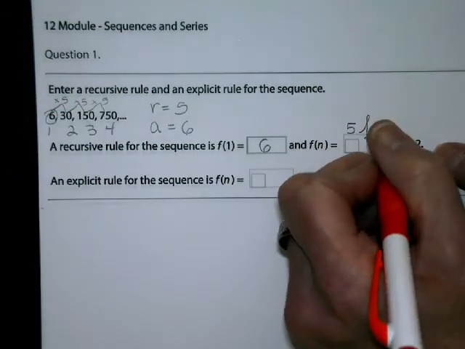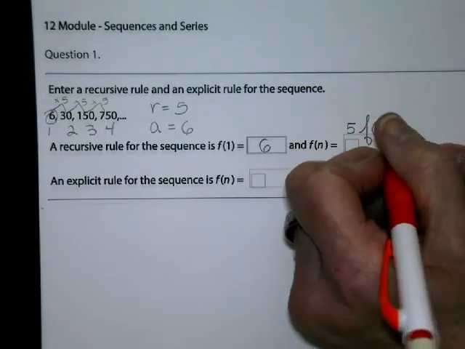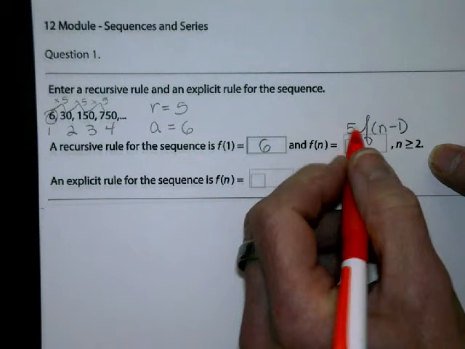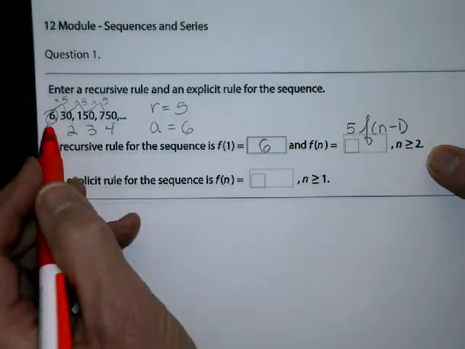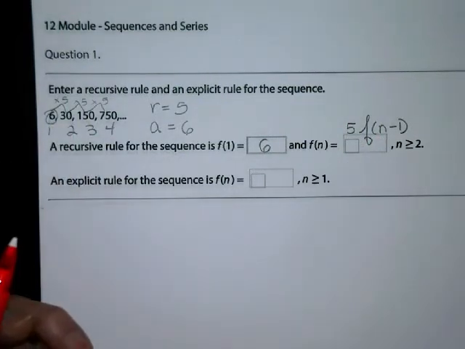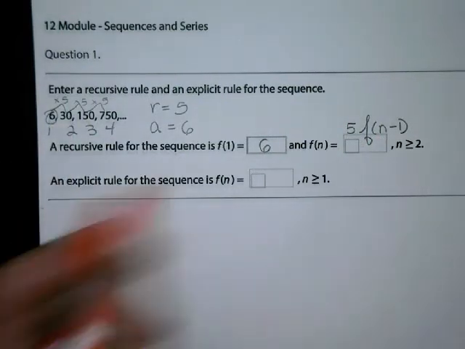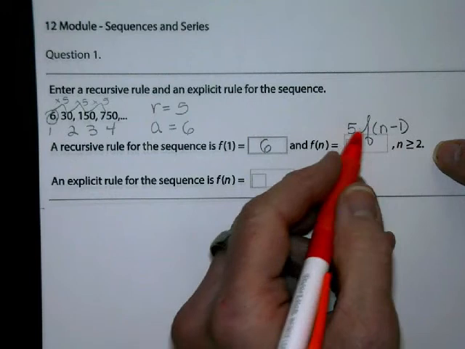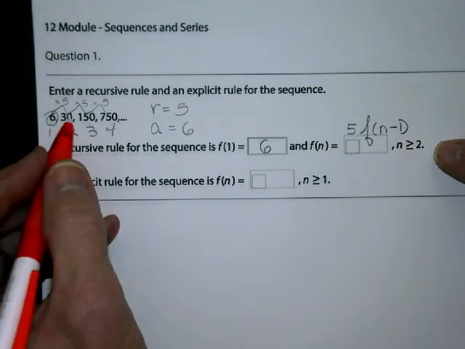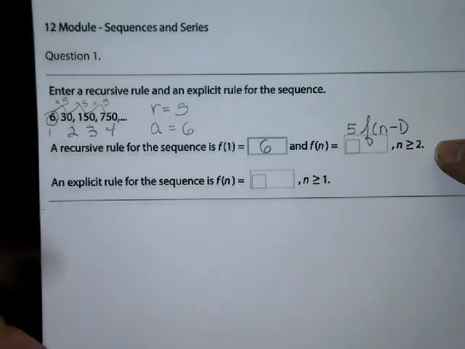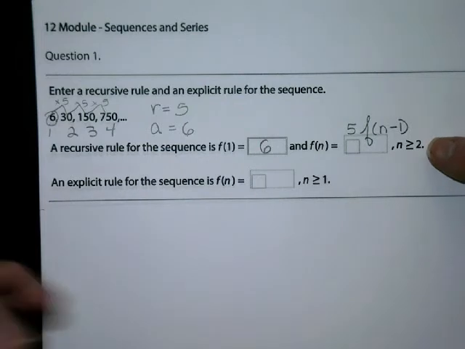So for n equals 2, I subtract 1, so I take 5 times my first term, that's 6, and that'll get me my 30. And if this was 3, 5 times my second term, 30, I get 150. So I know I have the right rule for when n is larger than 1.